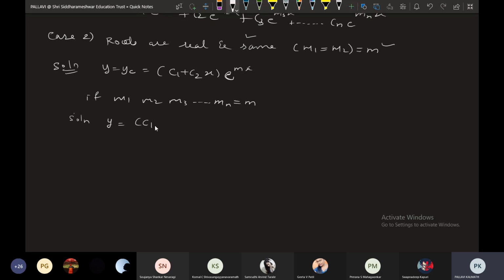It is c1 plus c2 into x. Okay, is there an x present with c1? No. Then there is one x present with c2. Then what will be the third term?